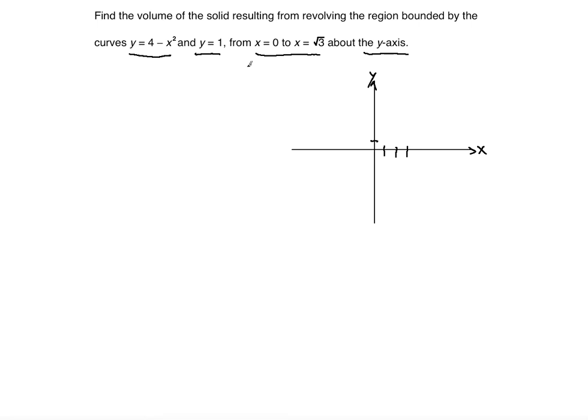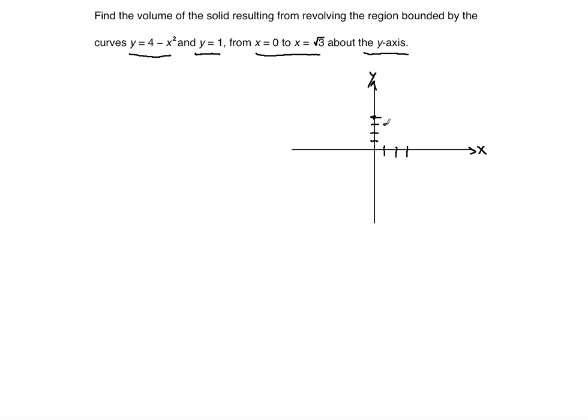So 4 minus x squared. When x is equal to 0, y is equal to 4, so we're going to have this part. And y is equal to 1. Now what is square root of 3? Square root of 3 is going to be less than 2. When x is equal to 1, y is equal to 3.